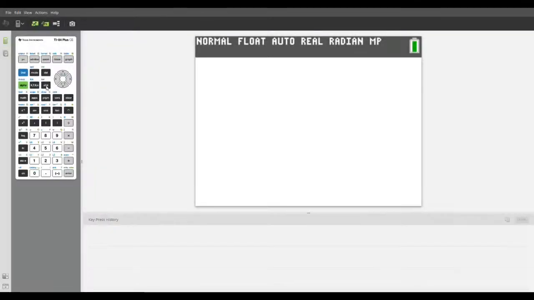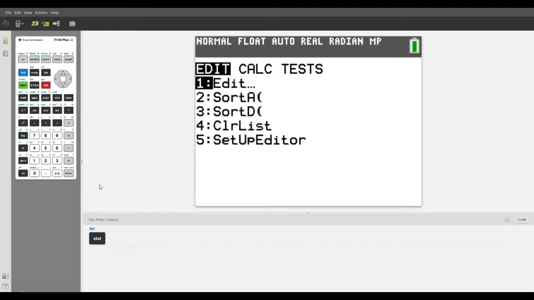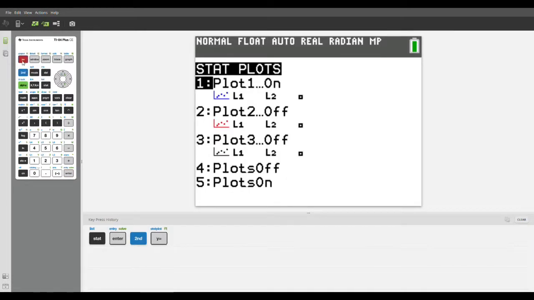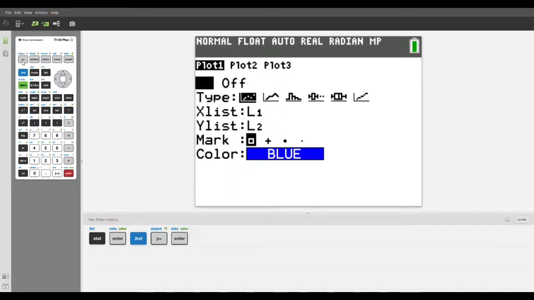On our calculator, we're going to go to Stat, to Edit, and enter in our data into L1 and L2. L1 again is our X values, that's the overhead width, and L2 is our Y values, and that is the weight. To see the scatter plot, first of all, you need to be able to do it by hand, but to see the scatter plot on the graphing calculator, we're going to go to second, Y equals, and select enter on Plot 1.